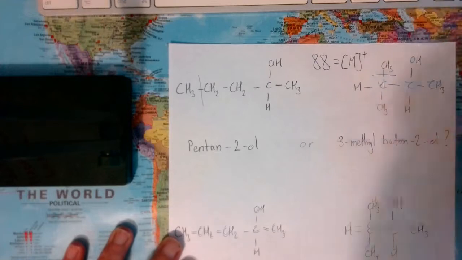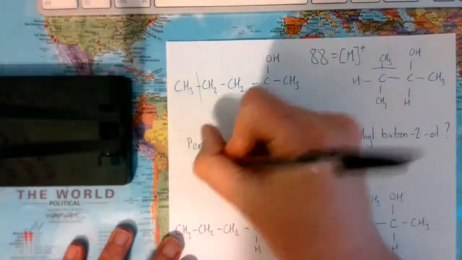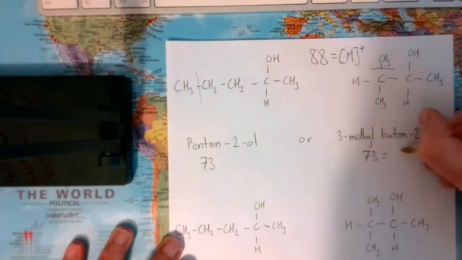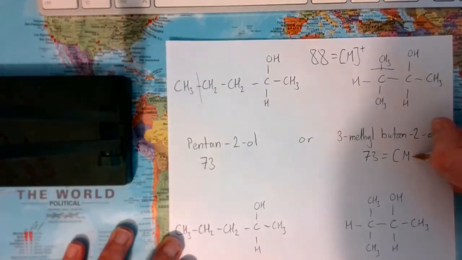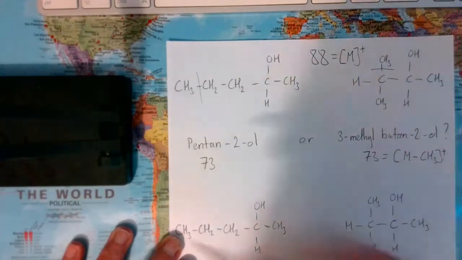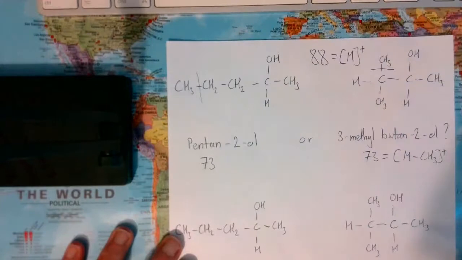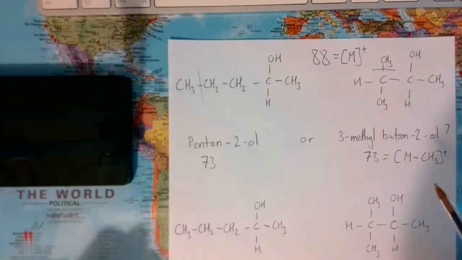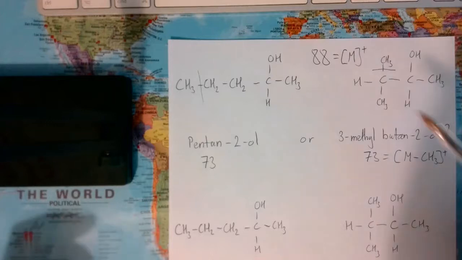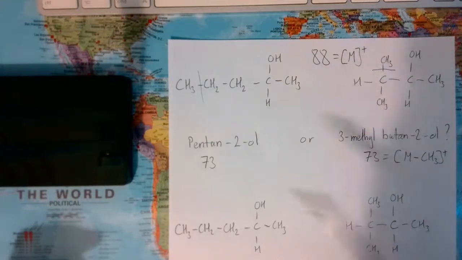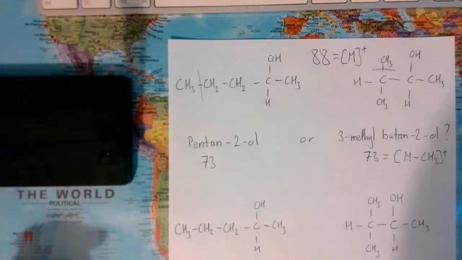And what you would find is that both of these molecules would have a peak at 73 on the mass to charge ratio, and for both of them this is the molecular ion with the loss of a methyl group. So I haven't yet been able to determine which one I've got here, because both molecules would give a spectrum with a peak at 88, a peak at 73, possibly a peak at 15.